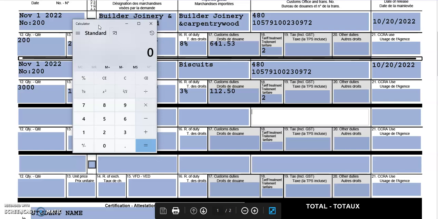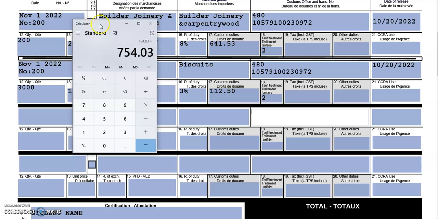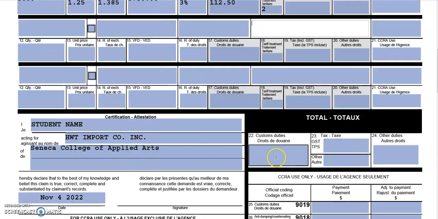So we've got to get back 641.53 on the builder's joinery and 112.50 on the biscuits. Again, if these duty rates are wrong, you need to change these. So customs duties we're going to get back is 754.03.